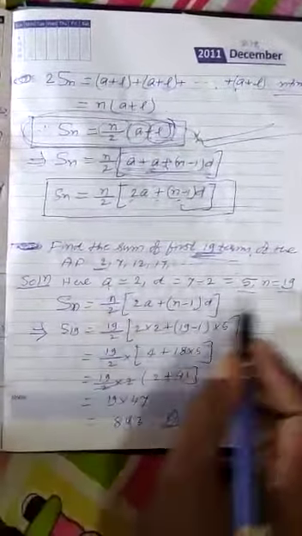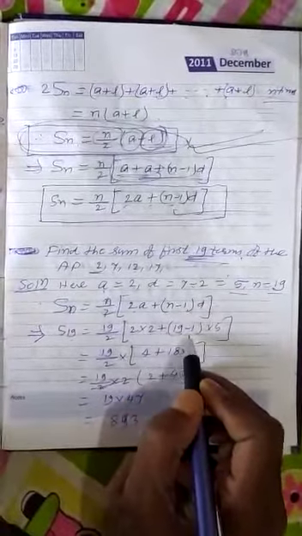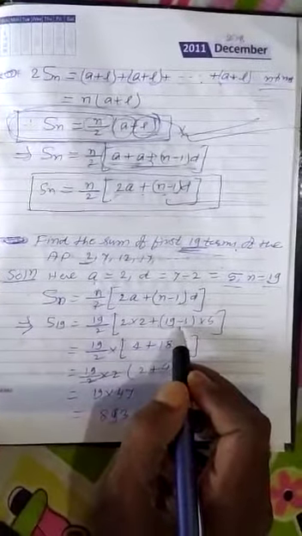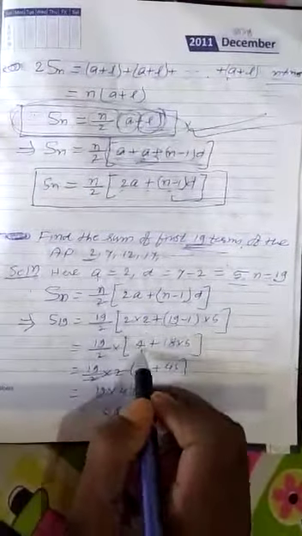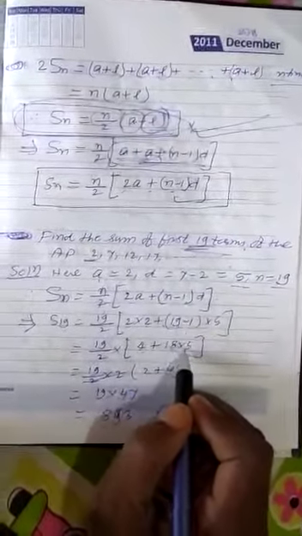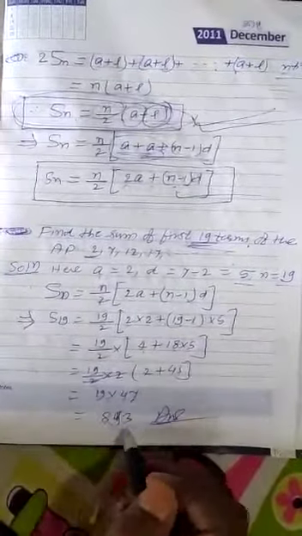Putting the values: 19 by 2 (2 into 2 plus (19 minus 1) into 5), 19 by 2 (4 plus 18 into 5), 2 common, 47 into 19, 893.